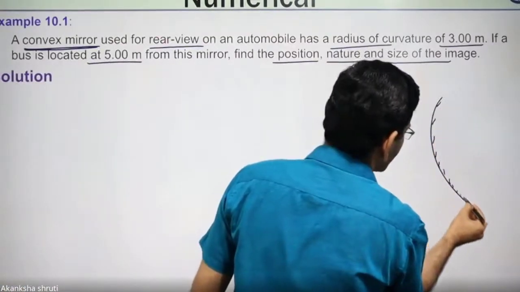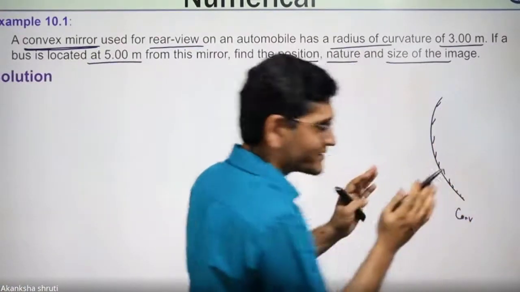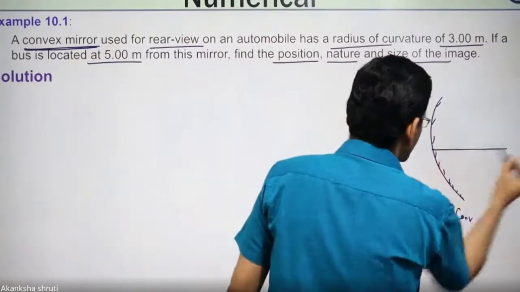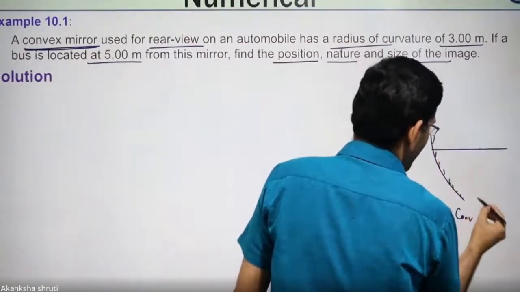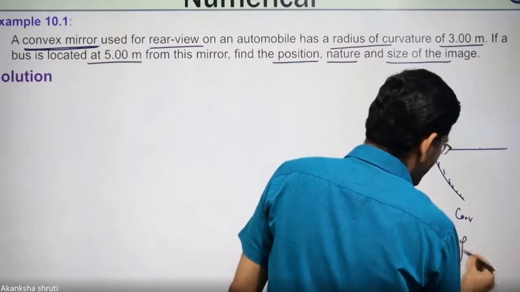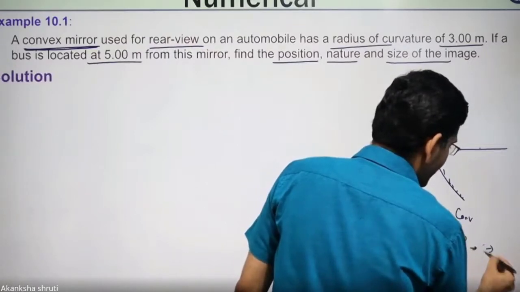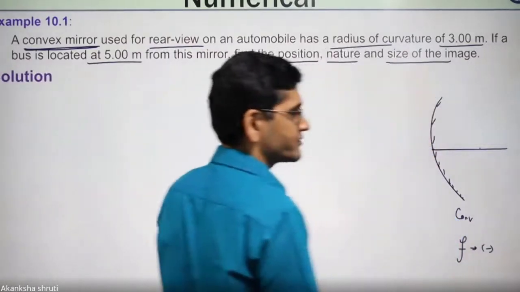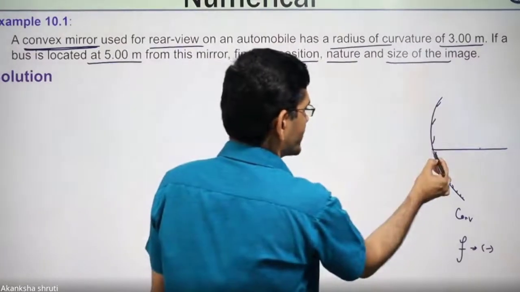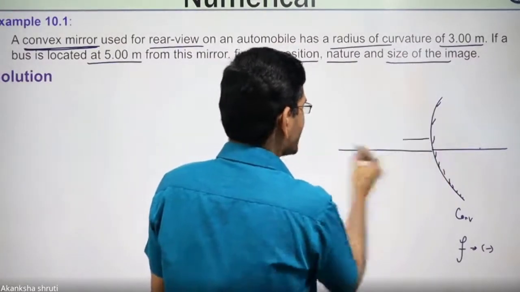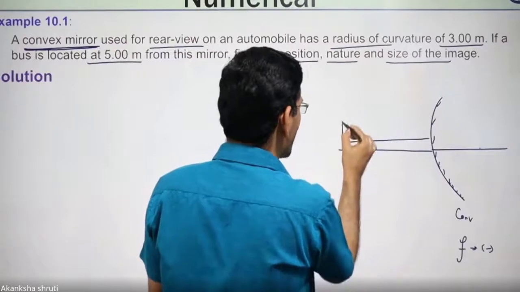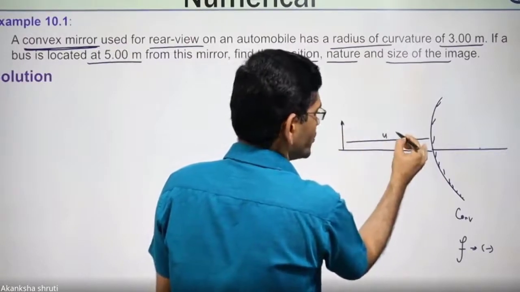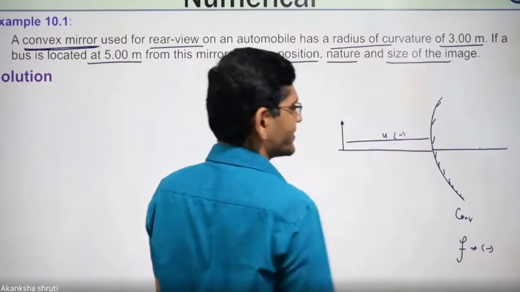While it is a convex mirror, if the focal length is given, you must write the focal length with a negative value. Whether convex or concave, the object is always placed on the left hand side, so it has to be taken with a negative value.